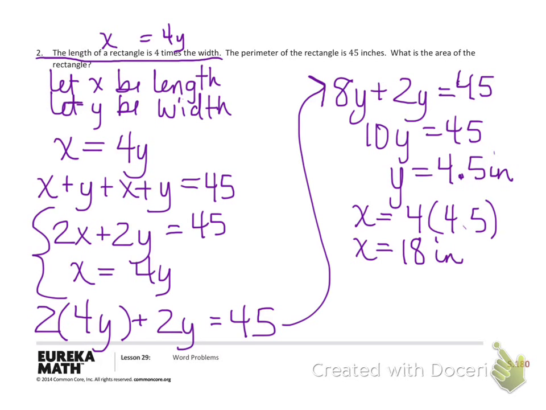So the width is 4.5, the length is 18. We could double check to make sure our perimeter works out. 2 times 18 is 36. 2 times 4.5 is 9. 36 plus 9 is 45 inches. So that does check.